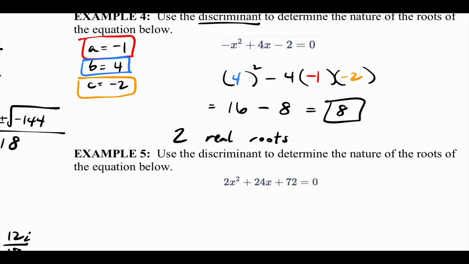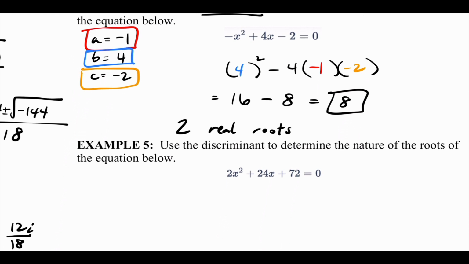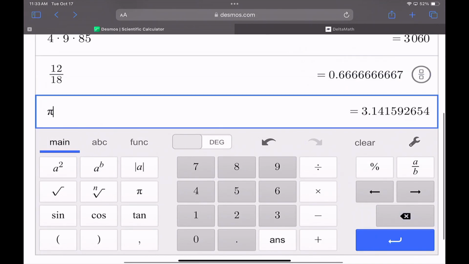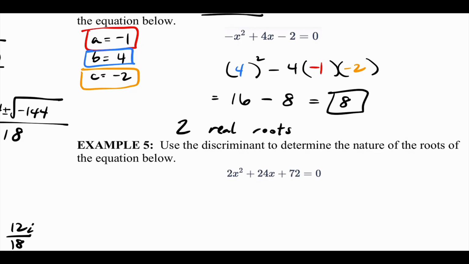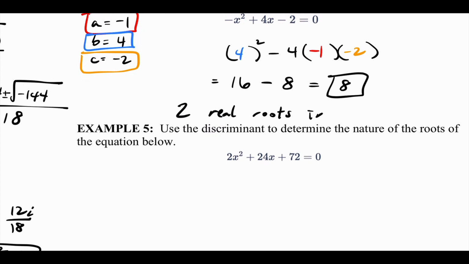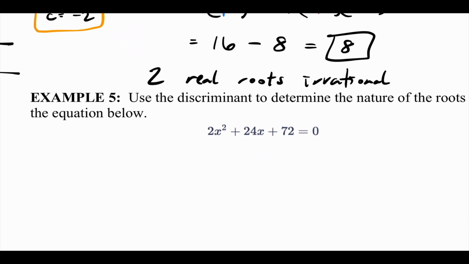Well, the square root of 8, is that a rational number or irrational number? Let's see. That doesn't have a fraction there, right? That means it's irrational. So this guy here will have 2 real roots that are irrational.